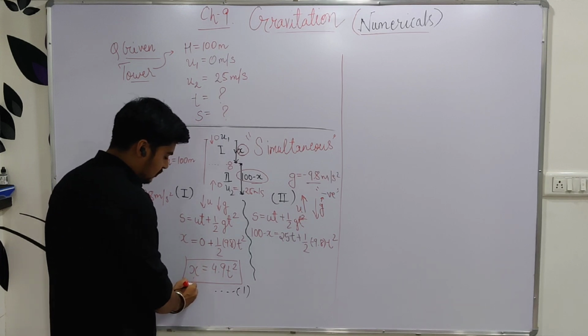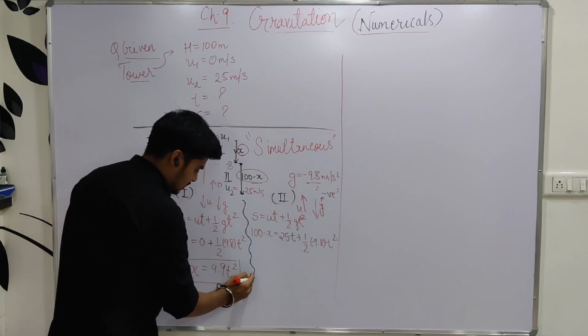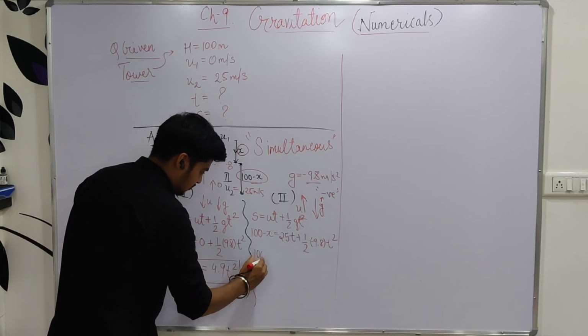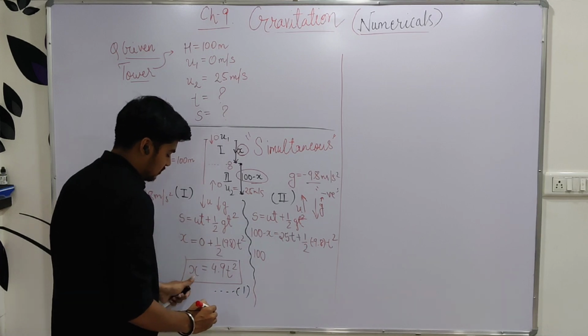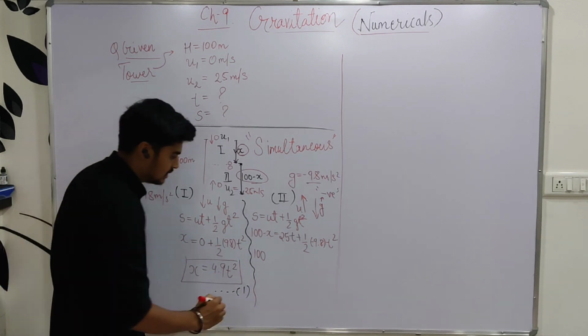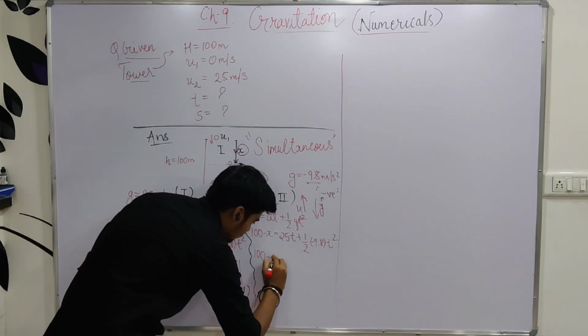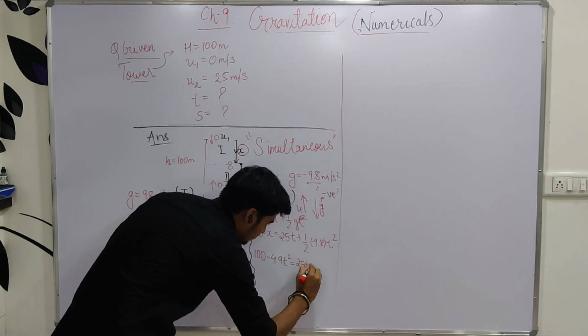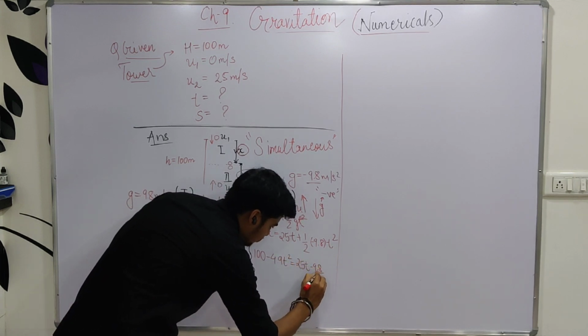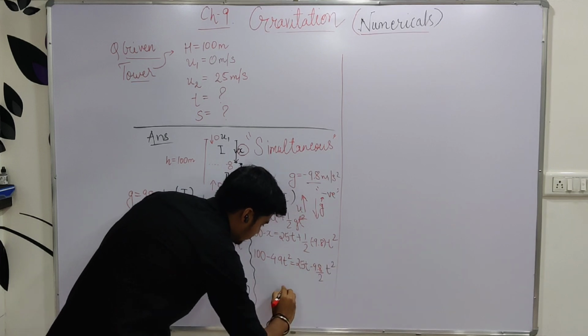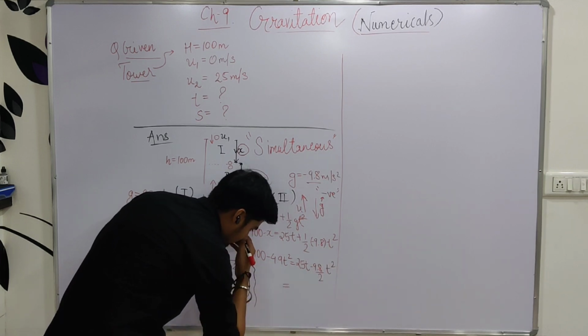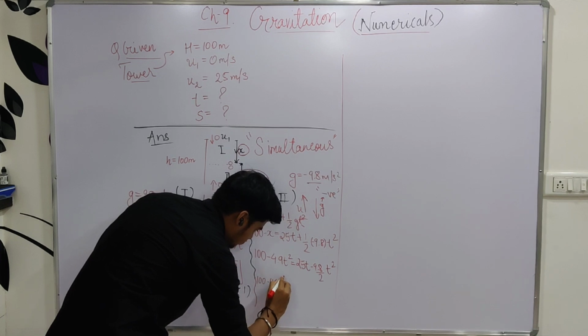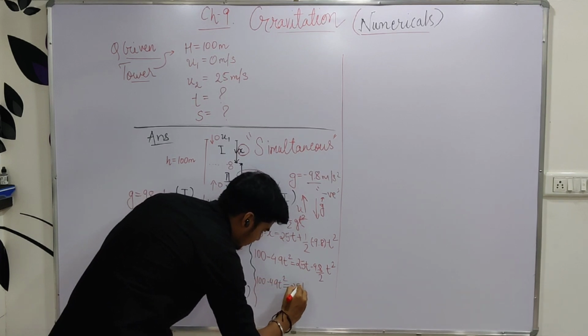If I put this value of x here, 100 minus, as I got the value of x from equation 1 as 4.9 t square, I will write 4.9 t square here, which will be equals to 25t minus 9.8 by 2 t square. 100 minus 4.9 t square is equals to 25t.